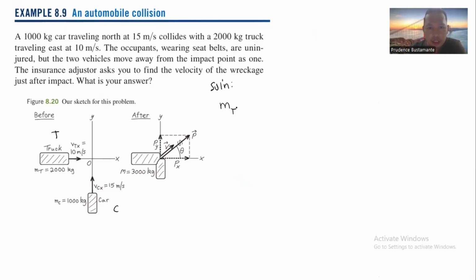So the mass of the truck times the initial velocity of the truck, plus the mass of the car times the velocity of the car along x, is equal to the mass of the truck times the final velocity of the truck along x, plus the mass of the car times the final velocity of the car.